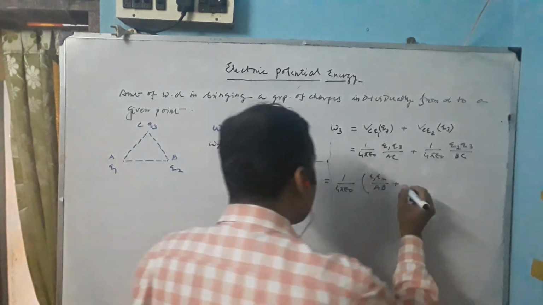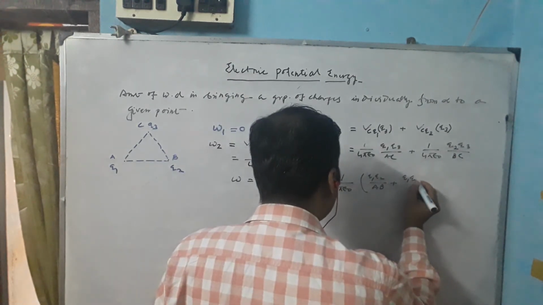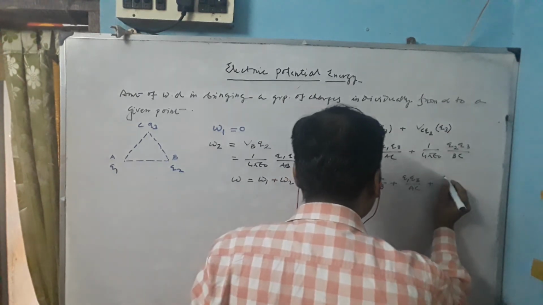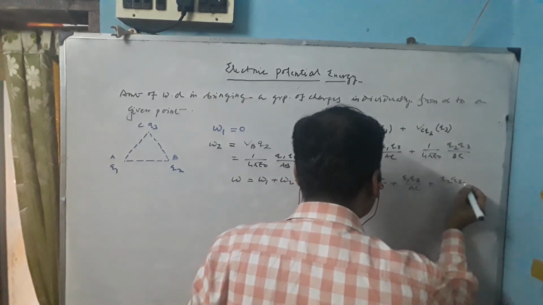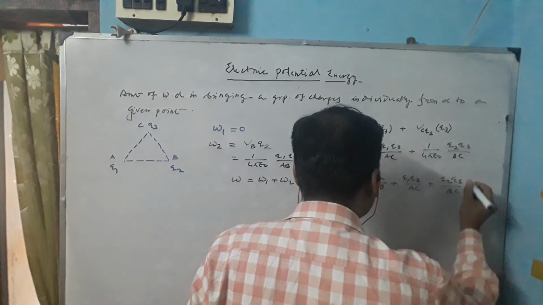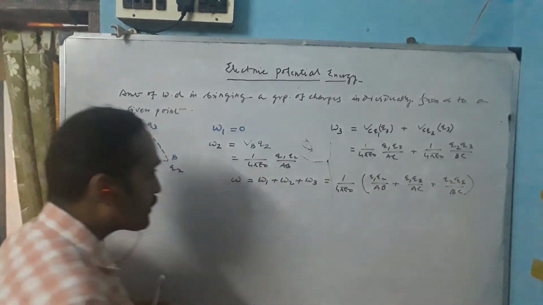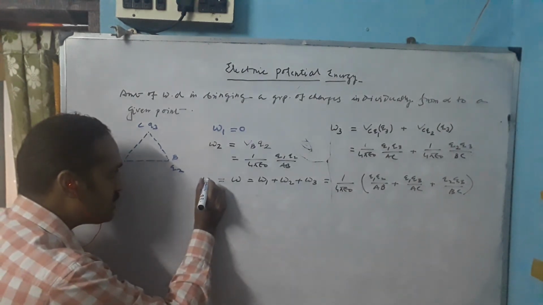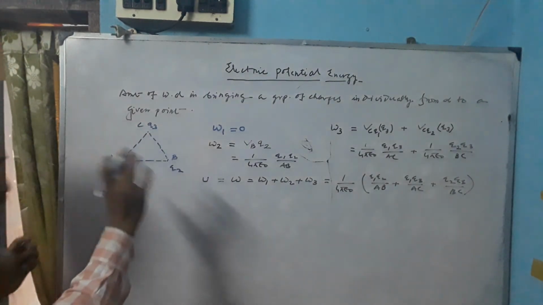Then this remains Q1, Q3 by AC. Thereafter this remains Q2, Q3 by BC. Am I clear? This total work is nothing but the potential energy of the system.